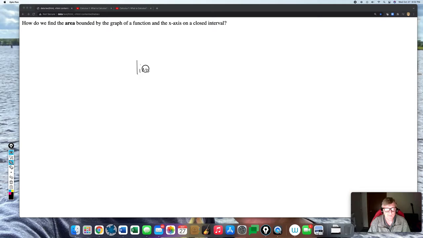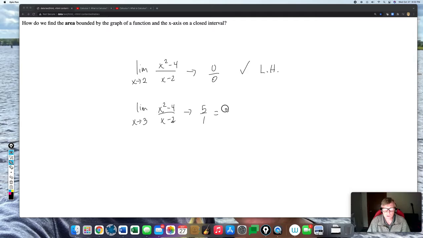For example, let's say you want to do the limit as x approaches 2 of (x squared minus 4) over (x minus 2). If you try direct substitution, you get 0 over 0, and you're cool for L'Hopital's rule. But if you did the limit as x approaches 3 of this same expression, we would not use L'Hopital's rule, because we can directly substitute 3 in and we get 5 over 1, which is 5.